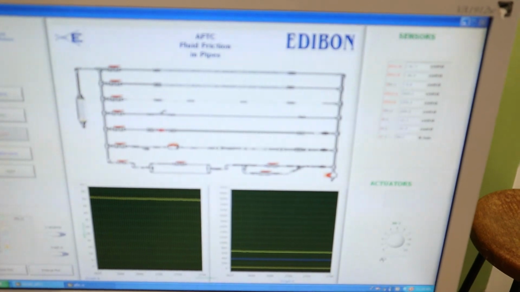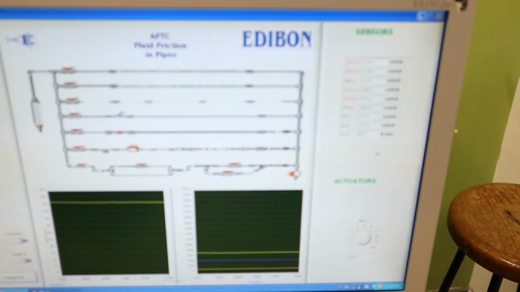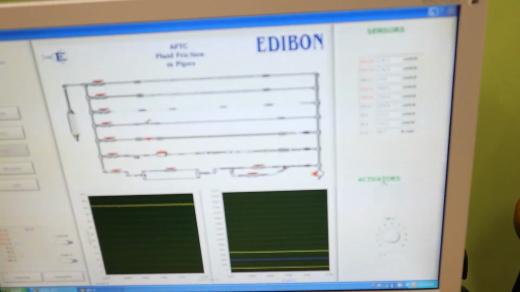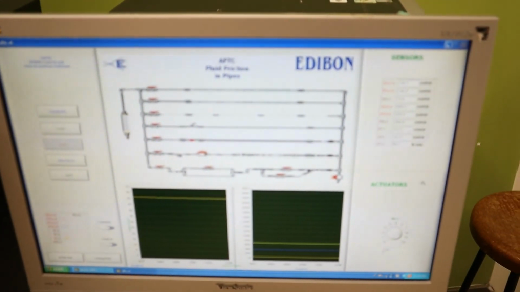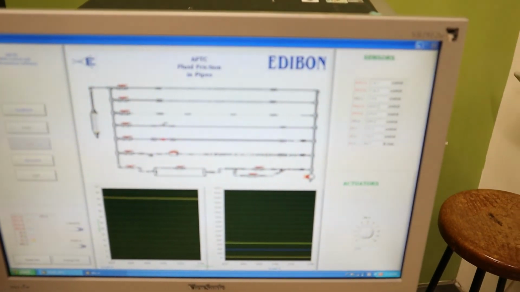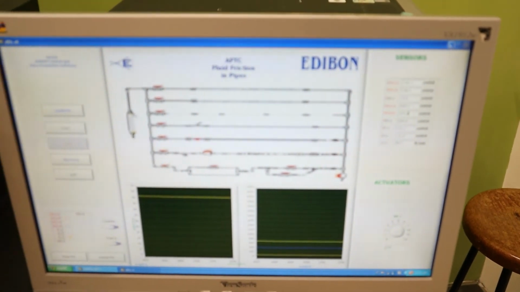So the flow rate can be adjusted by this actuator here, and I don't know if it's clear here. But anyway, I'll give the results in the data sheet, and these are the values of the sensors.